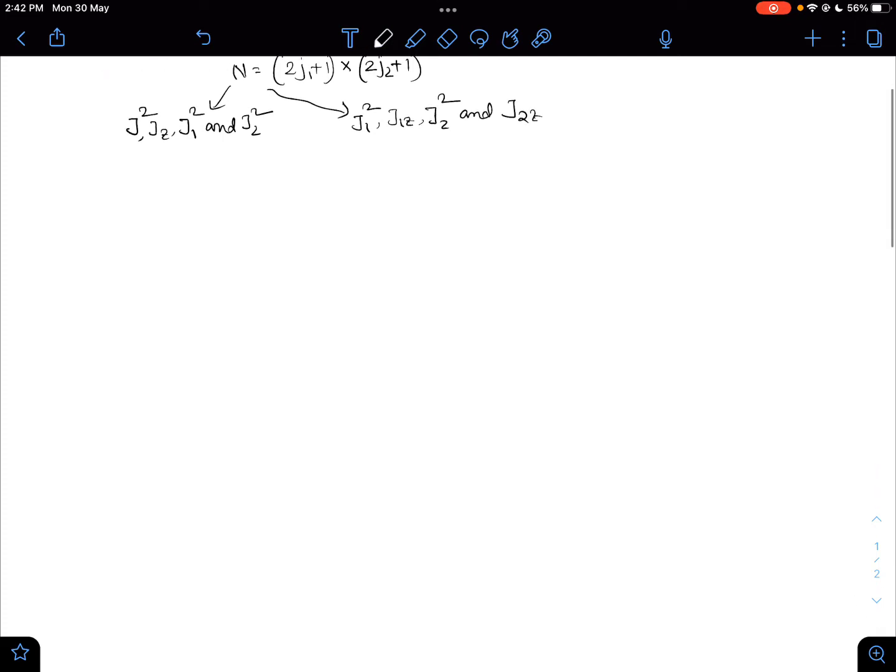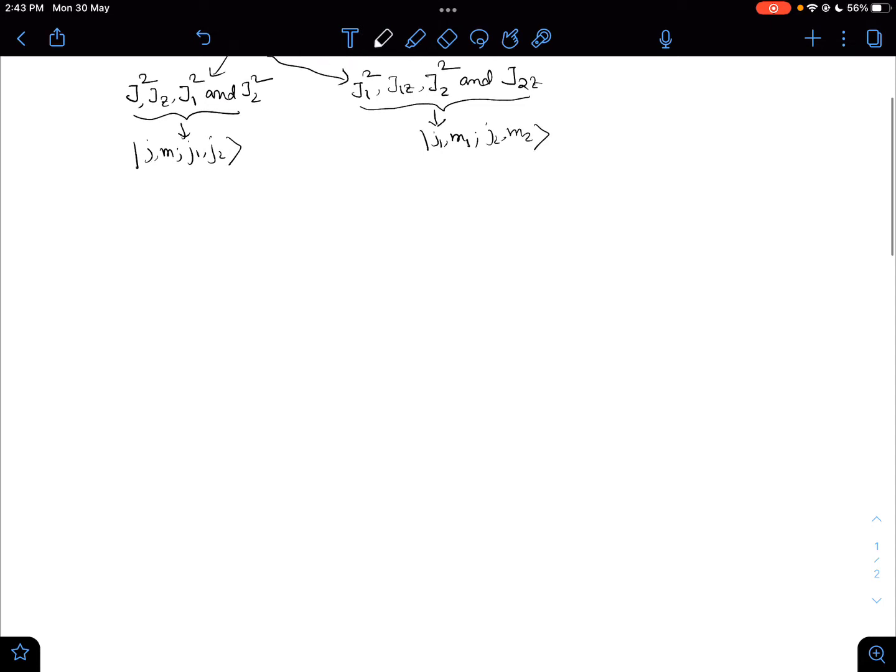The basis in which the first four are simultaneously diagonalized is represented as |j, m, j1, j2>, and the basis in which the other four operators are simultaneously diagonalized is represented by |j1, m1, j2, m2>. Since j1 and j2 are fixed, we can represent this in shorthand notation as |jm>.